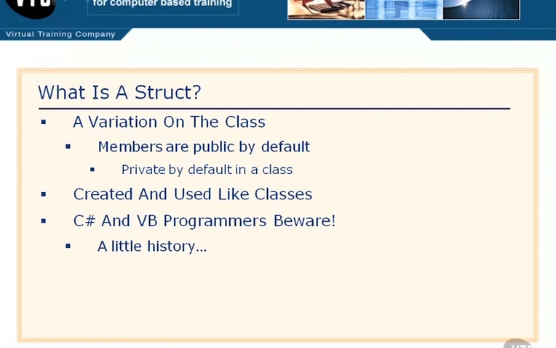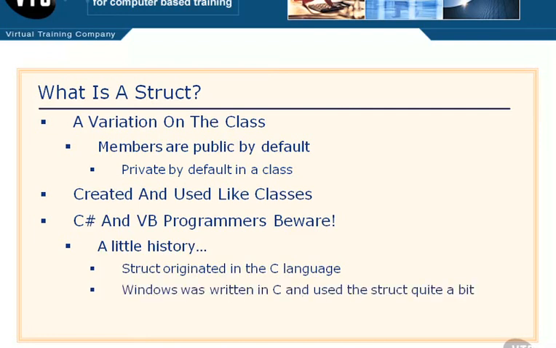Now, let me give you a little history. So if a struct's the same thing as a class except for this public and private situation with the members in the class, the variables and the functions, then what's the big deal? How did we get here? Well, the struct originated in the C language, and then Windows was written in C, and the struct was used quite a bit in that programming.